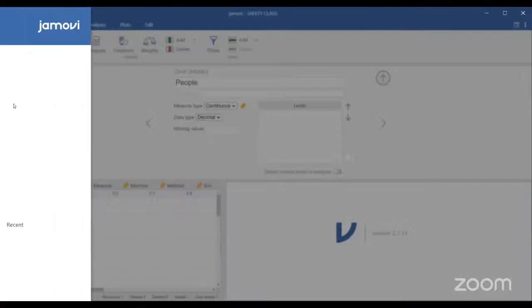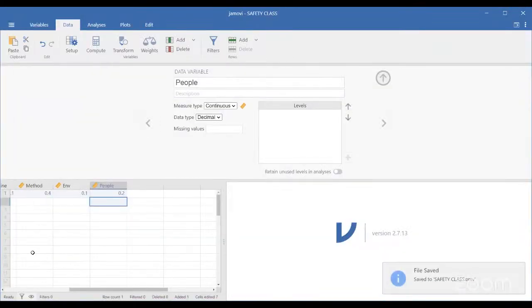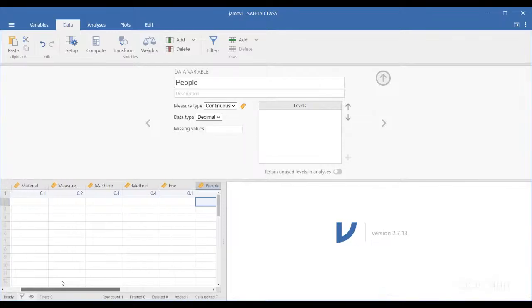Yes, sir. Next. You just change this variable into the continuous type.